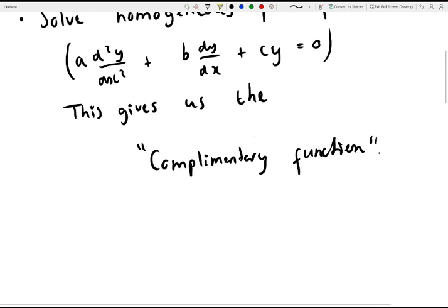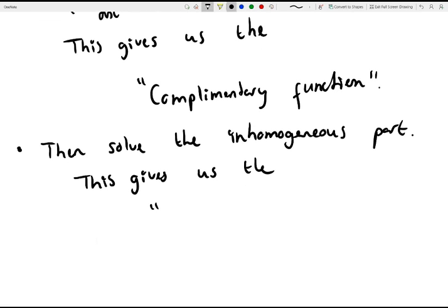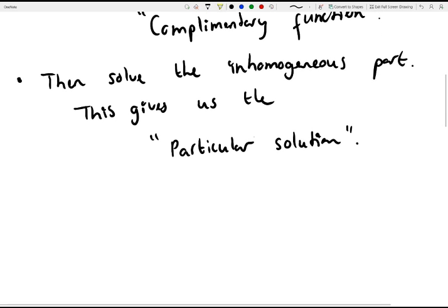Okay, and once we've done that, we then solve the inhomogeneous part. And this gives us what we call the particular solution. And of course we're looking for the general solution here.